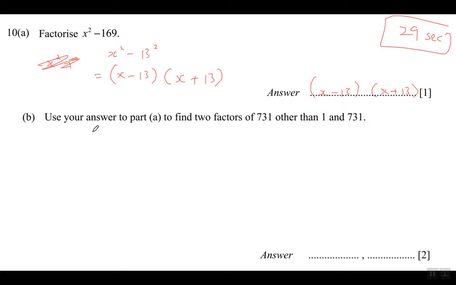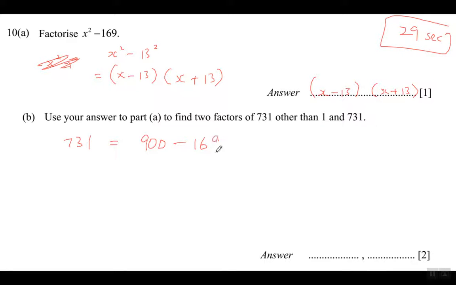Next, use your part to find the two factors of 731 that are other than 1 and 731. Okay, so I need to break this into something minus something. 731 equals something minus 169, so it should be plus 169, which gives 900.